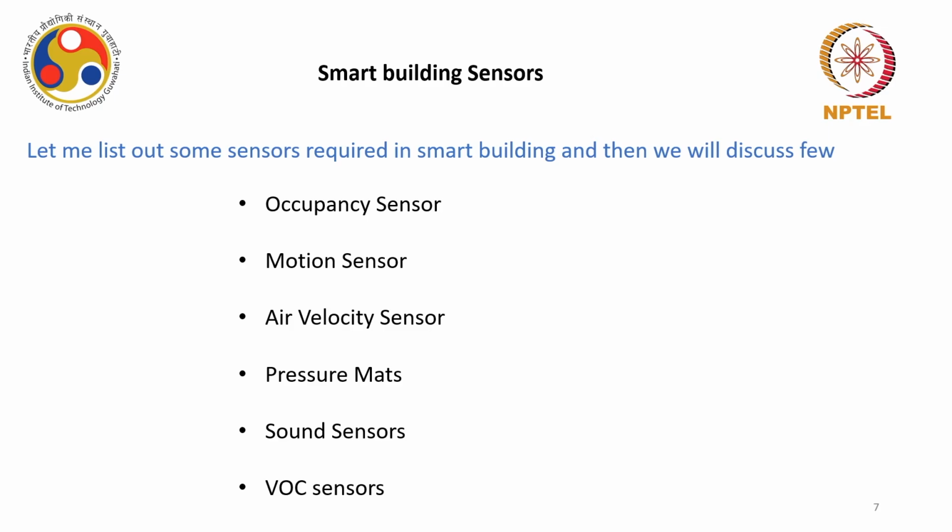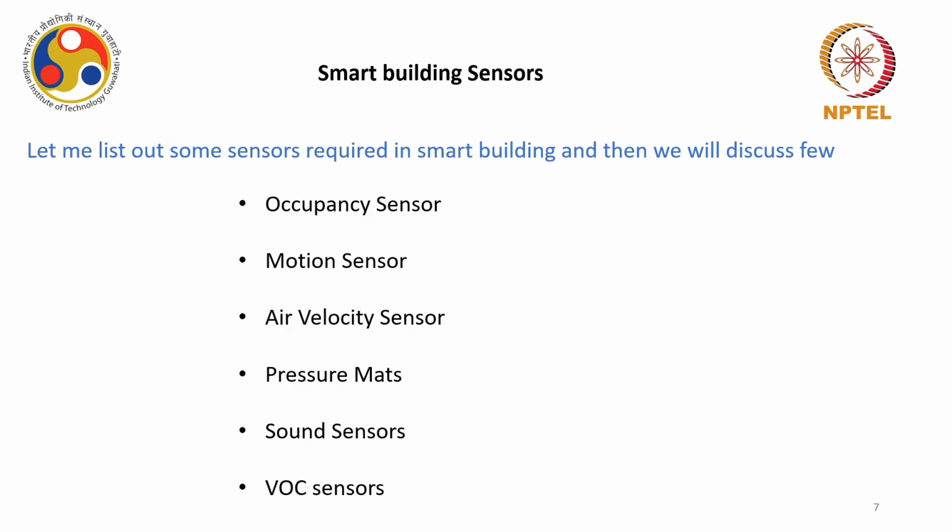Some of the sensors that are required are occupancy sensors and motion sensors. In our module 9, we talked about occupancy and motion sensors in more detail. We'll try to cover some other kinds of occupancy sensors which are used in modern buildings.